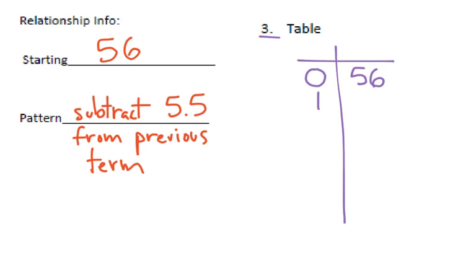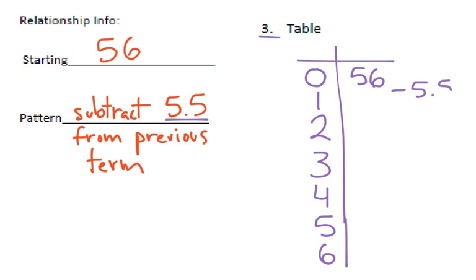Alright, after each part of the pattern, I'm going to apply my growth. And you don't have to go down too far on your table, but just enough. So, I'm subtracting 5.5 each time. So my first term is going to be 50.5.